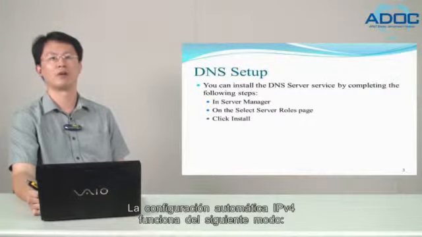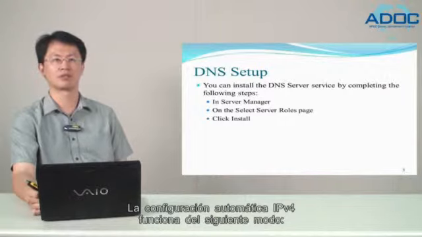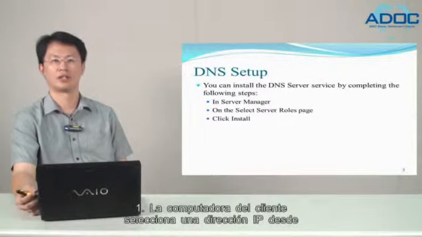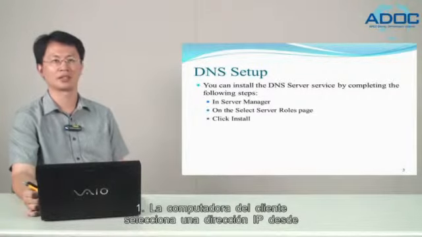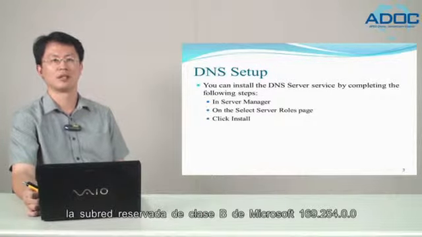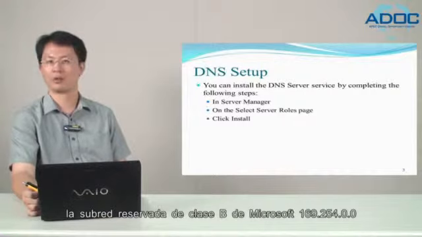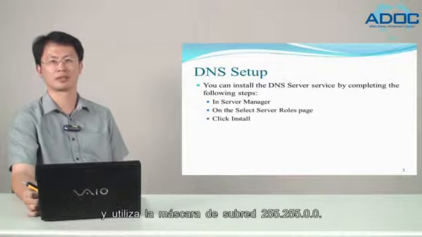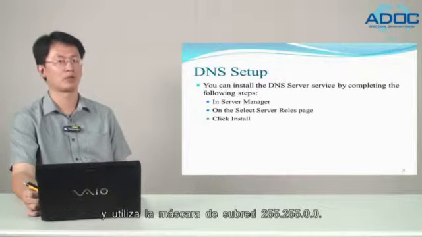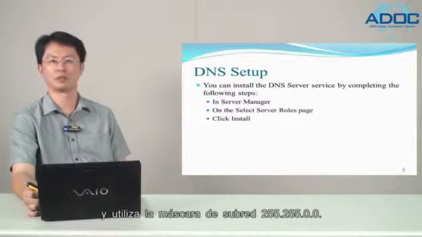IPv4 auto configuration works like this. First, the client computer selects an IP address from the Microsoft reserved Class B subnet 169.254.0.0 and uses the subnet mask 255.255.0.0.